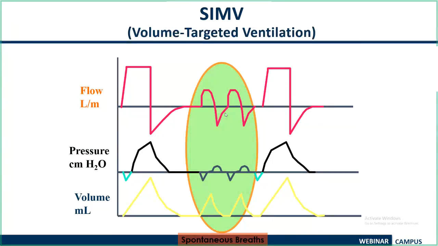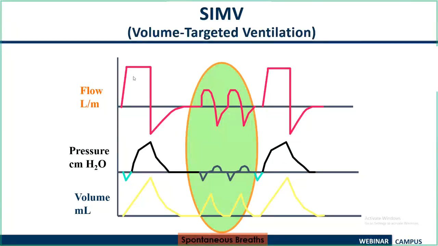But it showed there was more work of breathing during the spontaneous breath. So for whatever reason SIMV was introduced, it was not serving that purpose. With those studies, SIMV became outdated, and nowadays nobody is using SIMV. You don't need SIMV at all. Okay, I've given you the reason: it will not give you less work of breathing during the spontaneous breaths. And what is the other problem?